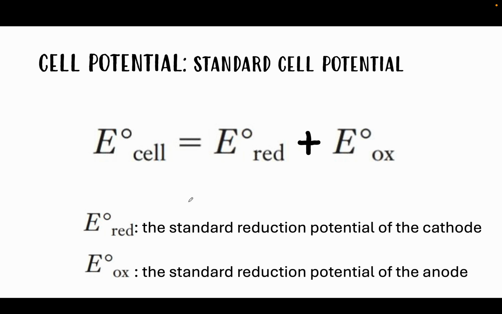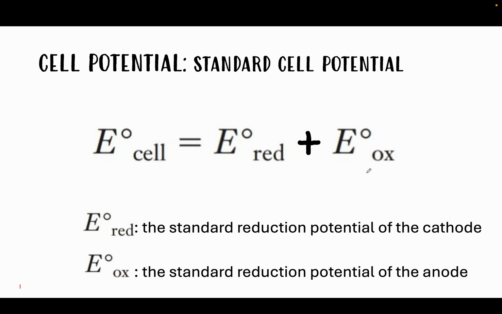So here is the equation for obtaining the standard cell potential. We read this as E naught. E naught of the cell is equal to the sum of the standard reduction potential of the cathode, where reduction happens, and the standard oxidation potential of the anode, where oxidation happens.